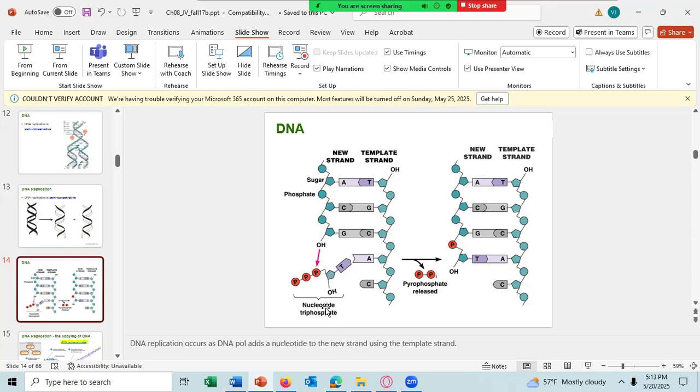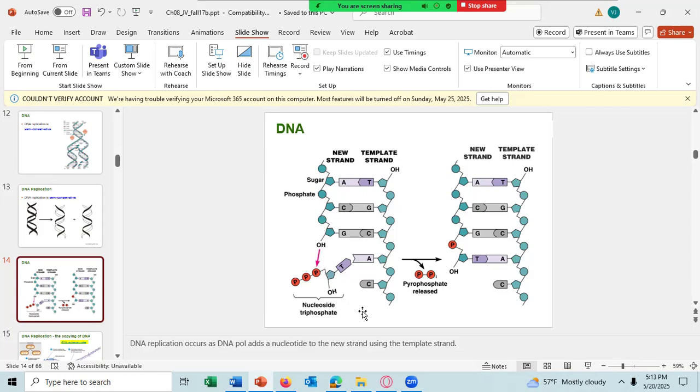It is from a nucleotide triphosphate, like right there would be ATP adding, but it doesn't break the last phosphate. It actually breaks the second phosphate. And then the phosphate binds to the ribose here. And then this makes a covalent chemical bond holding the single strand of DNA together.